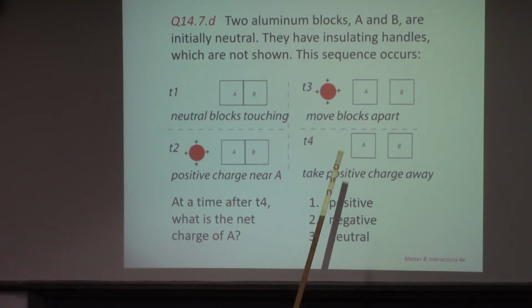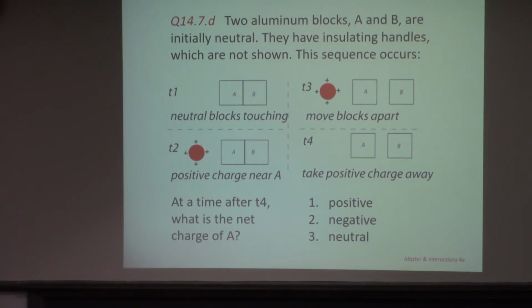So we take block B and we just move it over. And now we take the positive charge away. So what's the situation now? What's the charge of block A after we've done that?